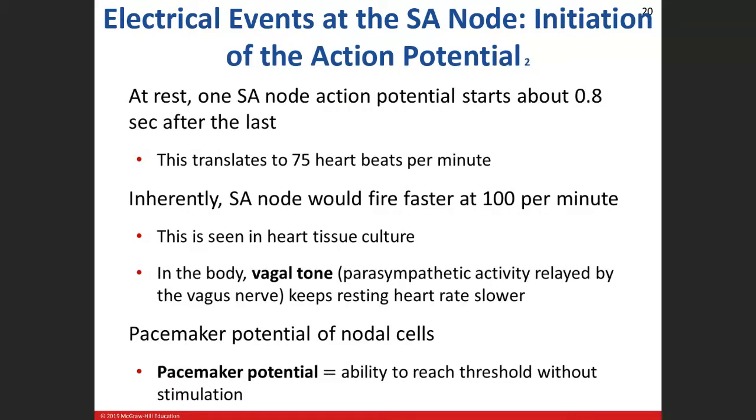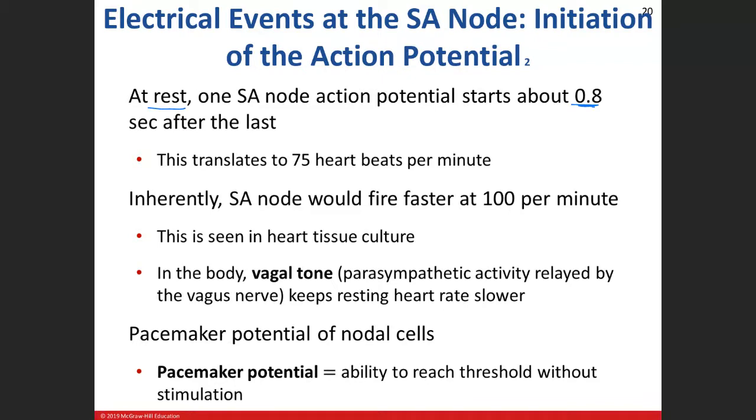So when you and I are sitting here, I'd like to think that we're all at rest. When this occurs, this phenomenon I just talked about, depolarization, repolarization, and then repeating all that from threshold value at rest, that takes almost a second, 0.8 seconds.